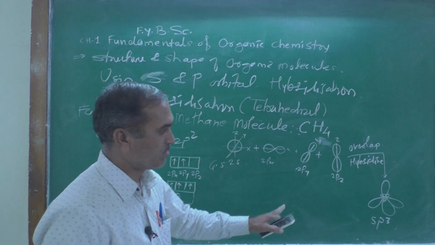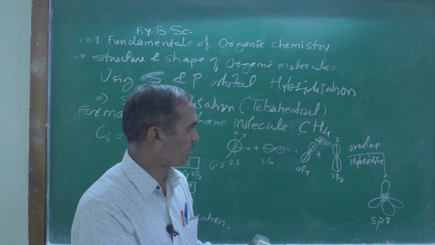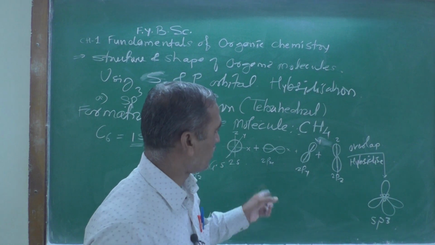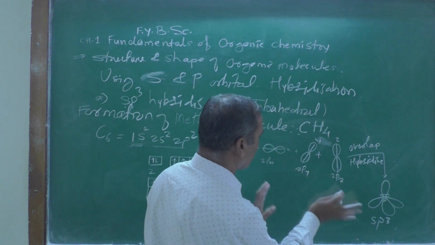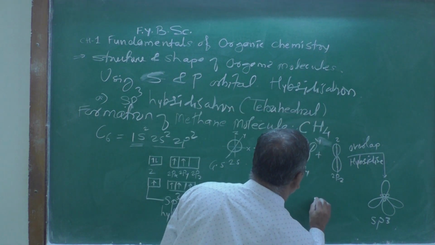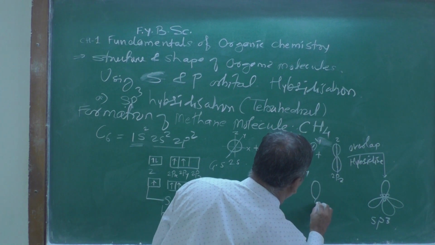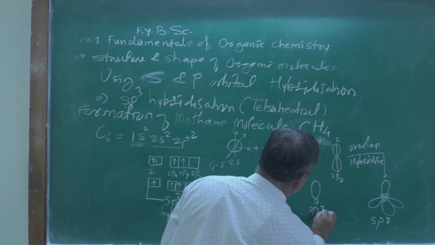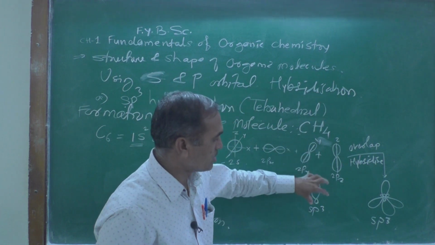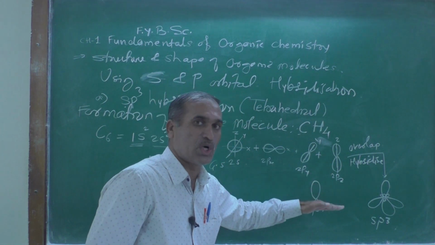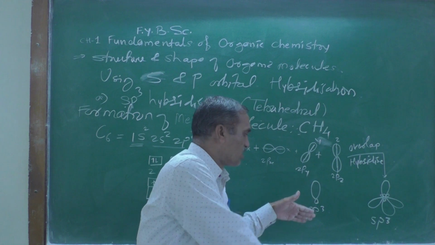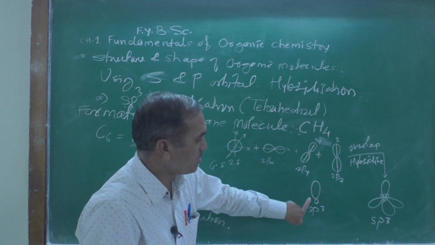When there are these 4 sp3 hybrid orbitals, each sp3 orbital is like this. One lobe is large and one is very small. This is known as sp3. The maximum electron density gets concentrated toward one side, and the other is this. This is a 1s.